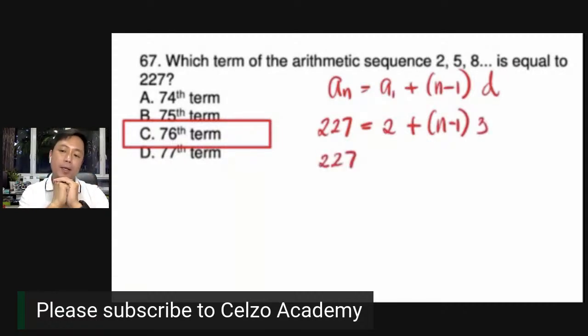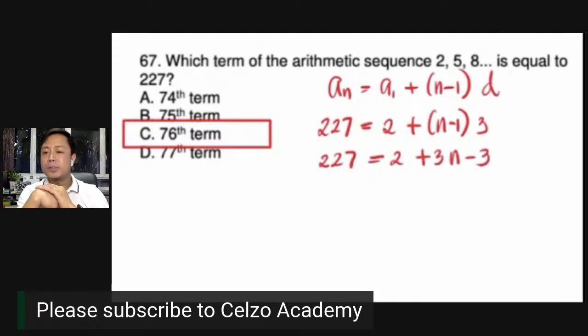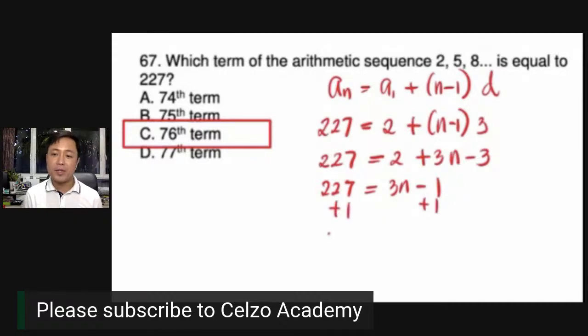And then algebraically, you can combine like terms and do distributive property as well. So you get 227 is equal to 3n minus 1. And then you can just add 1 to both sides. And then after that, you divide by 3. So the answer is 76th term.